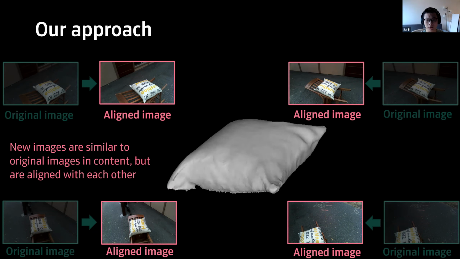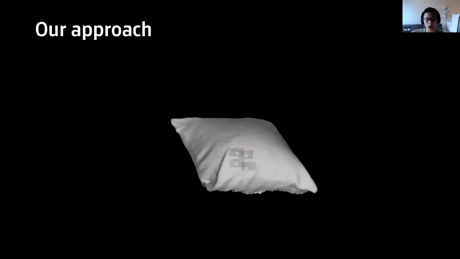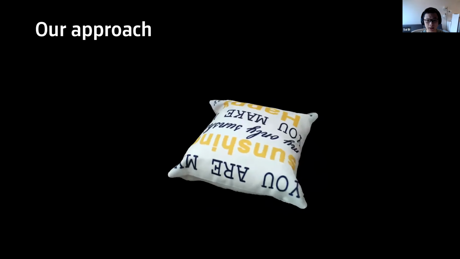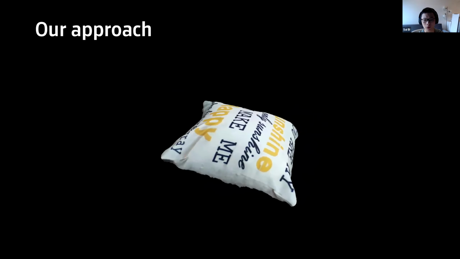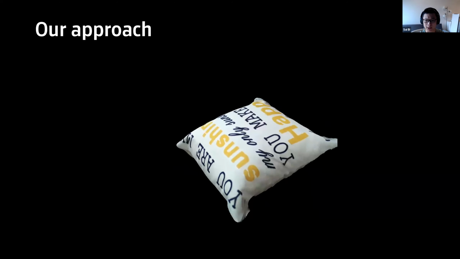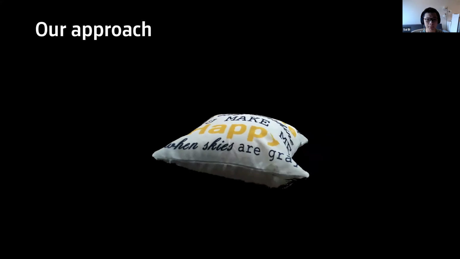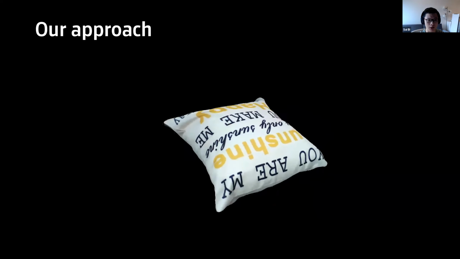Given these aligned images, we can safely project them onto the geometry and do a simple blending to get a high-quality texture map. Compared to optical flow or local image warping, our patch-based image synthesis can better handle large misalignments between images.